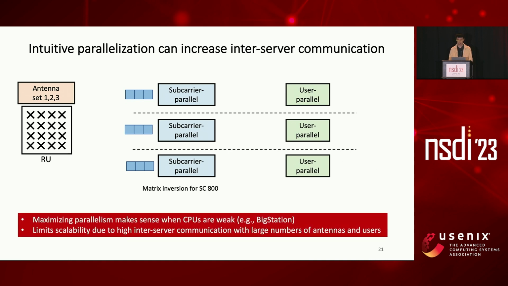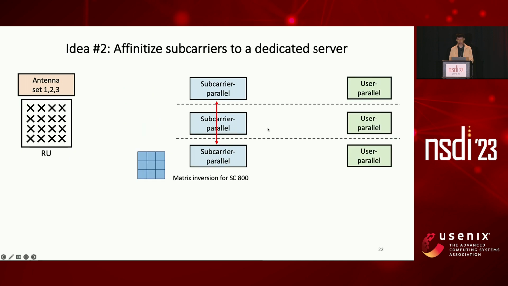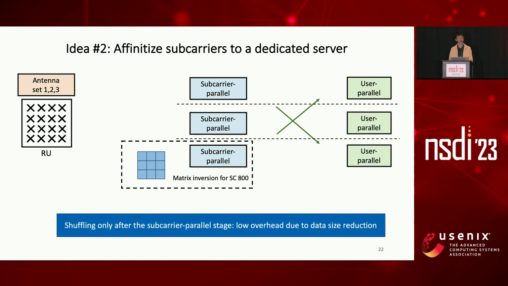This makes sense when the CPUs are weak, because otherwise the latency for this task is too long. However, when we have more antennas and users, we have higher communication overhead across servers. In contrast, Hydra decides to affinitize all those tasks in a single subcarrier to a dedicated server, and delays the shuffling until the user parallel stage. This minimizes the inter-server communication overhead.